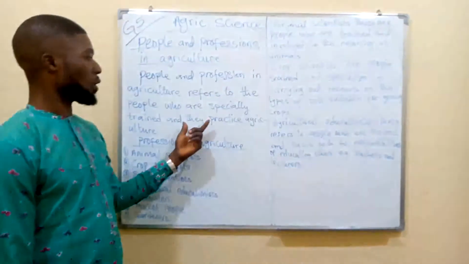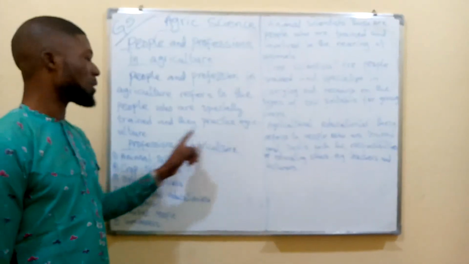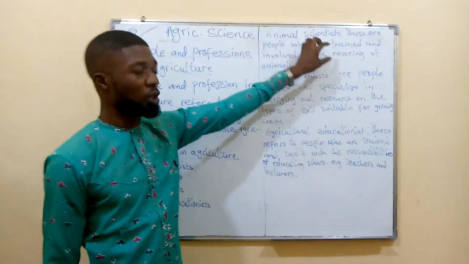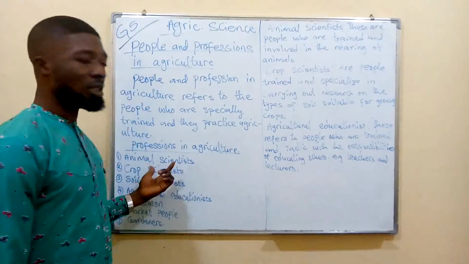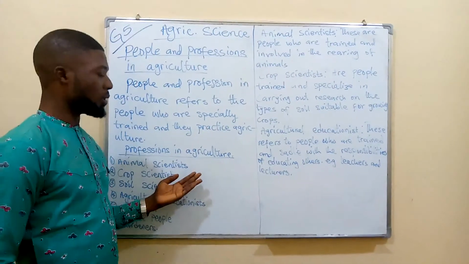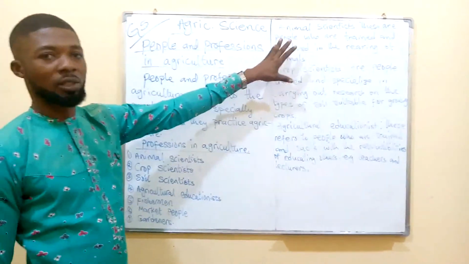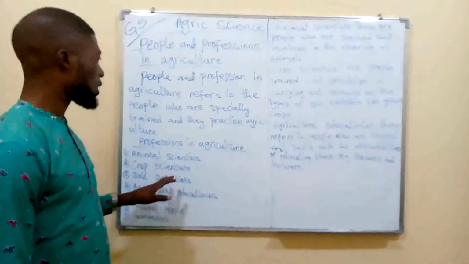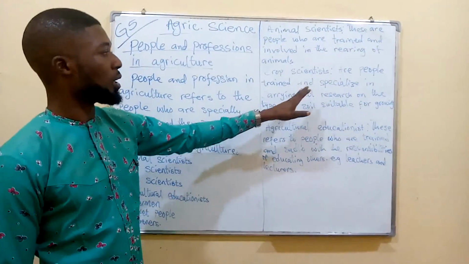When you look at the definition, people who are specially trained and practice agriculture, that means the animal scientists are trained and also practice the rearing of animals, the different species of animals. They know about these animals, how they live, and their basic needs in order to have healthy farm animals.